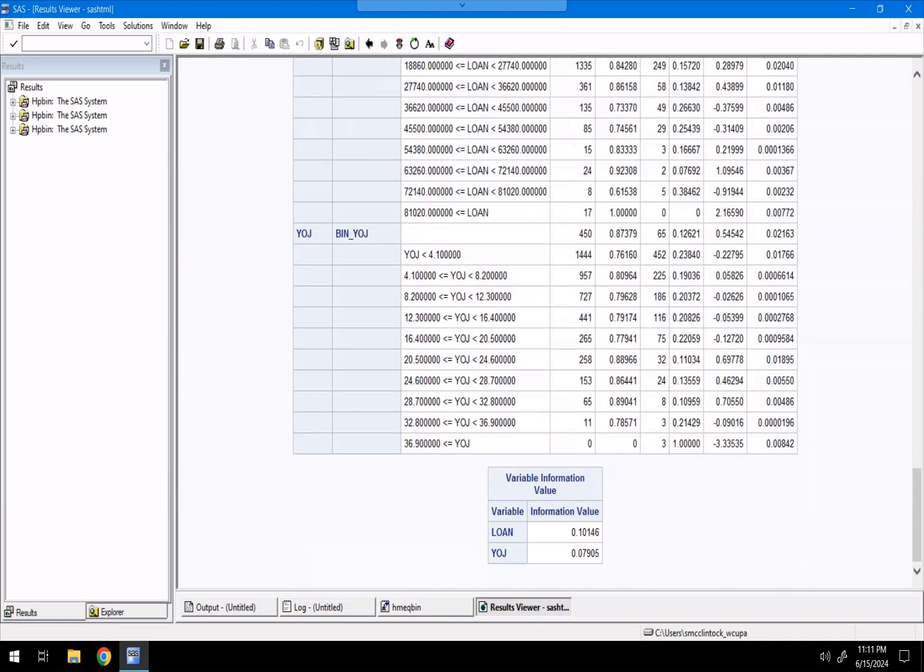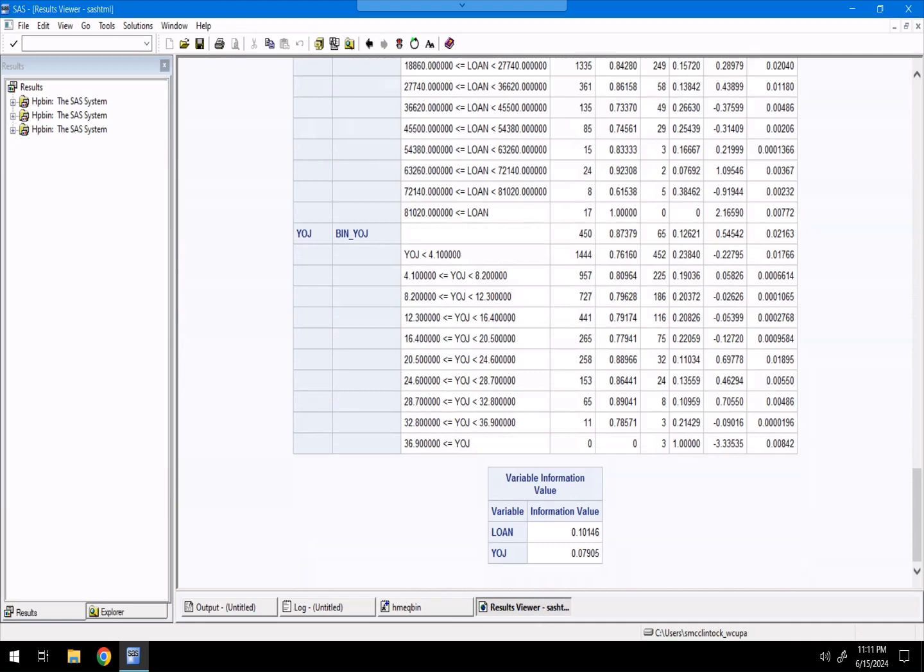One thing I can observe is my bins are giving me a bad weight of evidence, because if I look at the years on job bins, it goes negative 0.22 to positive 0.05 to negative 0.02 to negative 0.05 to negative 0.127 to positive 0.6977. That is not monotonic. So I'm also violating that convention. That's also an indicator that I need to work with fewer bins. Ten is too many for this particular set of data.